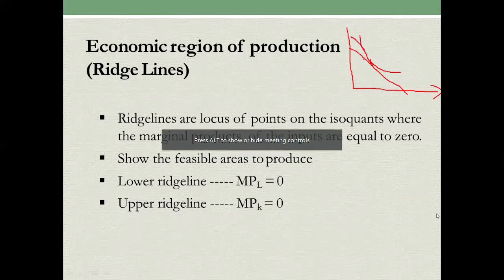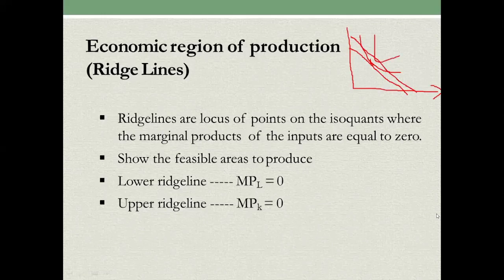But with the increase of the inputs, we identify this point, likewise. So in the isoquant, see here, you have different types of production places.